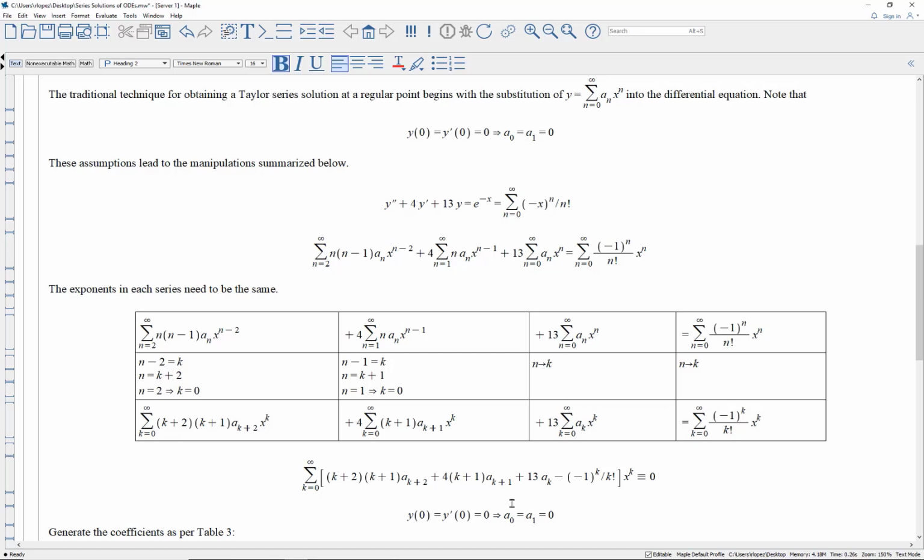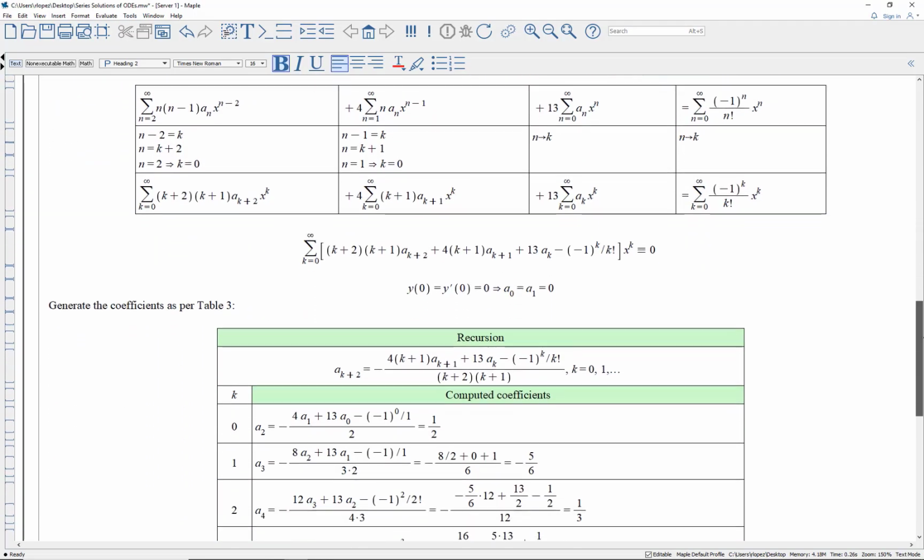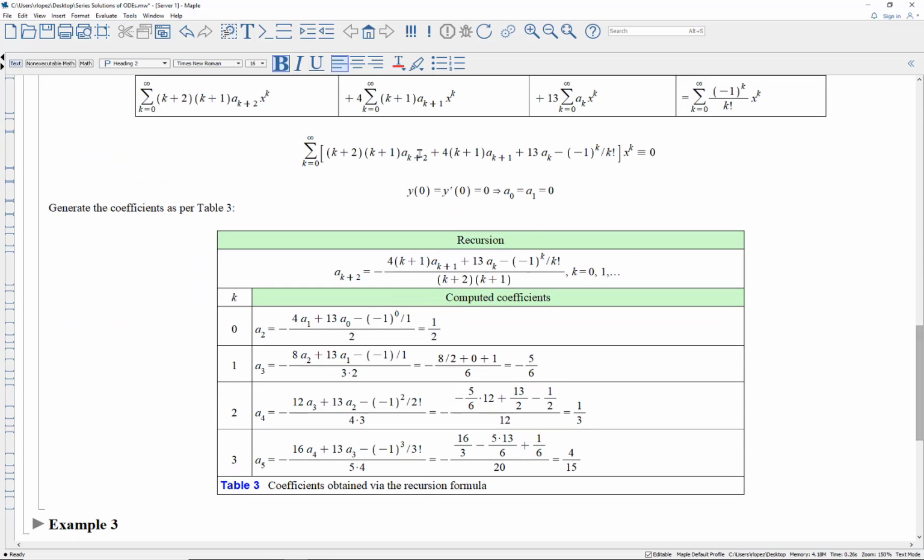And so this coefficient set equal to 0 will tell you what the succeeding coefficients are. So down here in table 3, what we've done is set this coefficient equal to 0 and solved for a_(k+2).